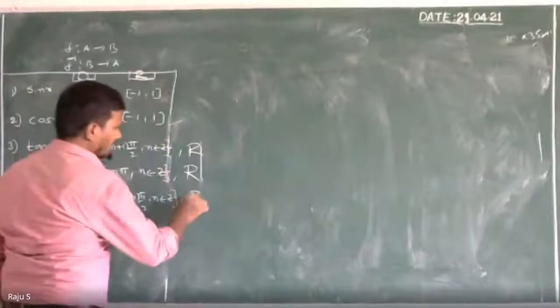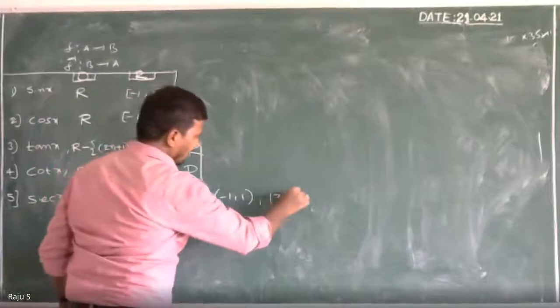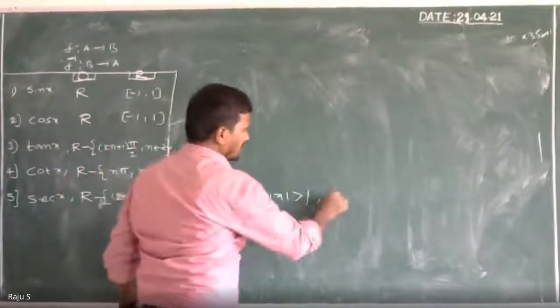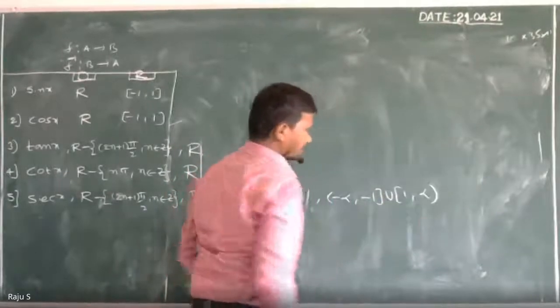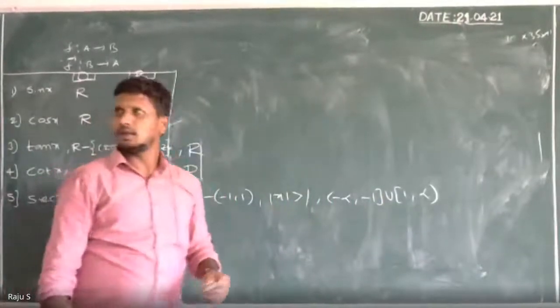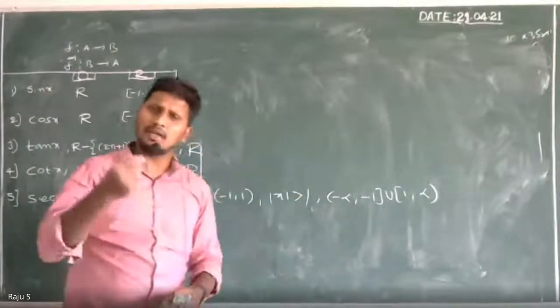So this can be written as R minus (minus 1, 1). This can also be represented as mod x greater than or equal to 1. This can also be written as minus infinity to minus 1 union 1 to infinity. Like that we can write it in three ways. You can write any one of the ways.